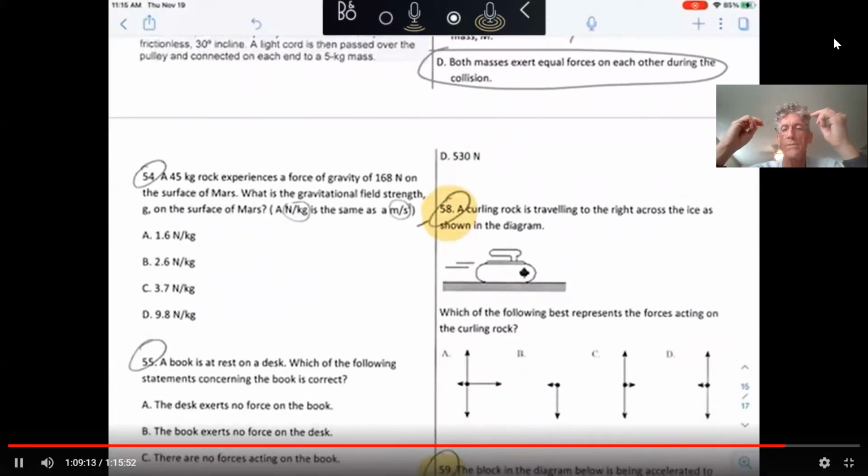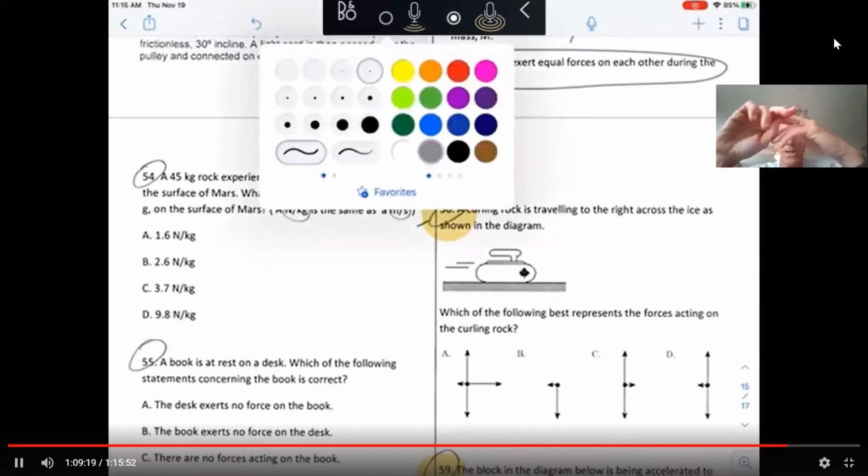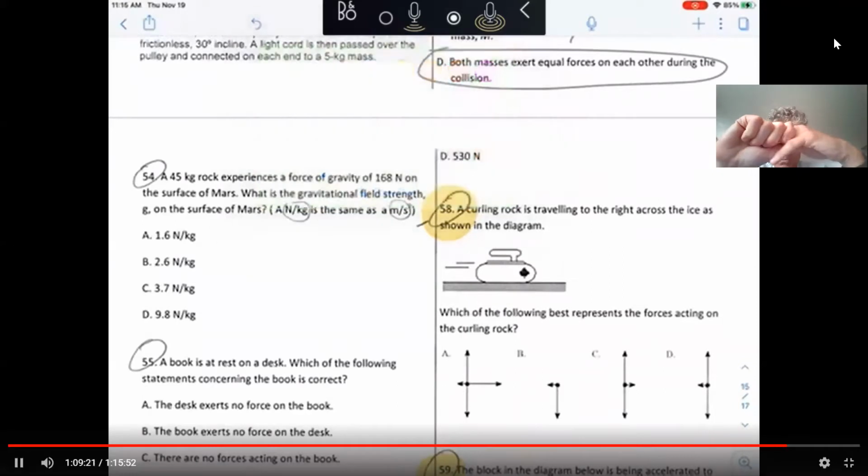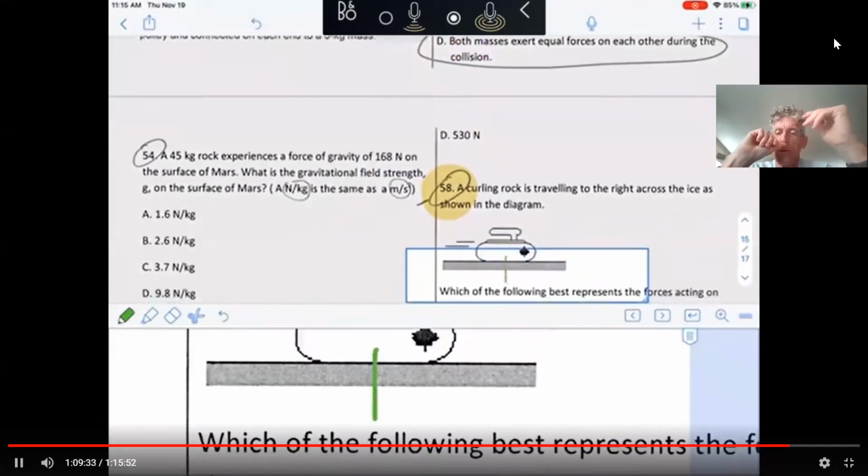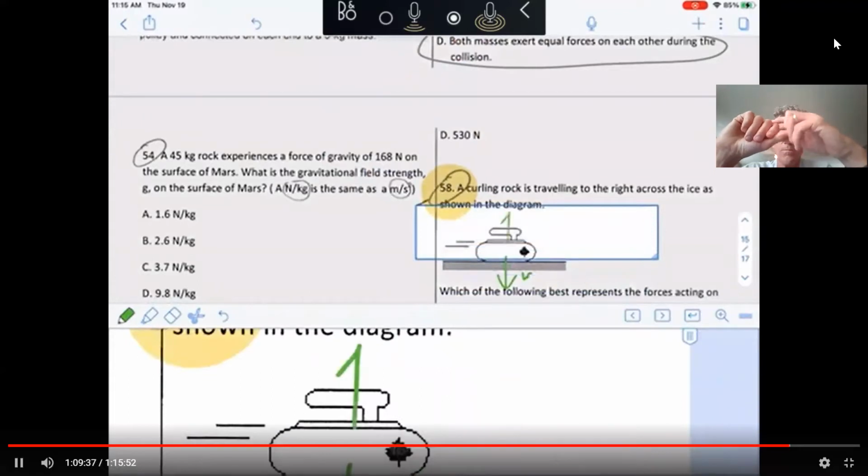A curling rock is traveling to the right across ice. Which is best to describe the forces acting on the curling rock? Okay, well, you have weight, of course, because it's on a surface. So you have up and down forces, and they have to equal each other. There's a weight, there's a normal force.